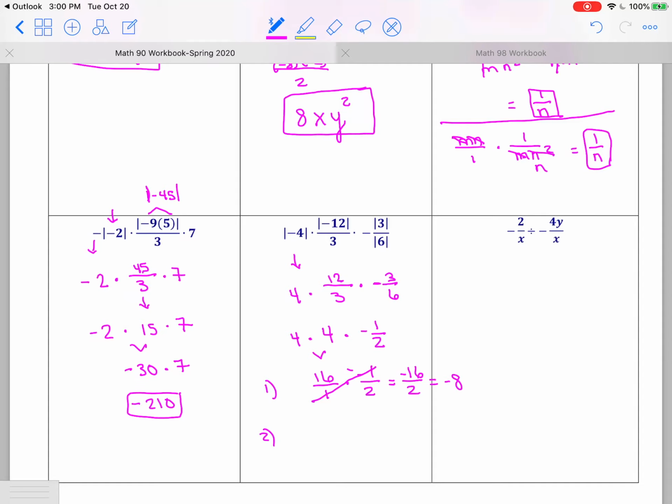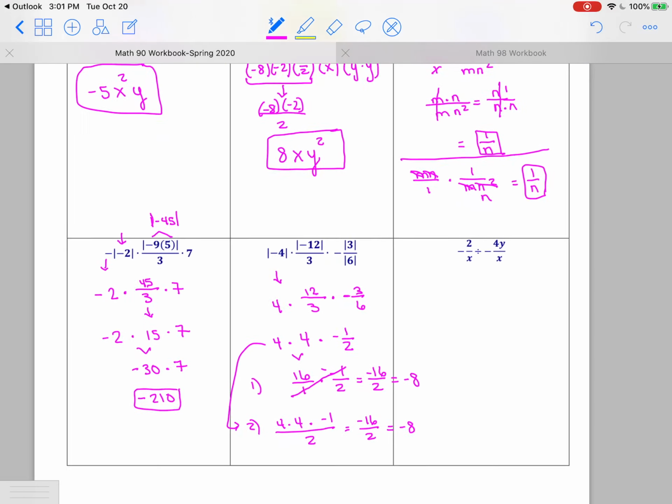Okay, we could have gone 4 times 4, so this is up here. 4 times 4 times -1 all over 2. I think this is a little more complicated, but we could still do it. It doesn't really matter, guys, however you see it, as long as you're bringing the numbers and placing them where they need to be and following the rules, then you are good.